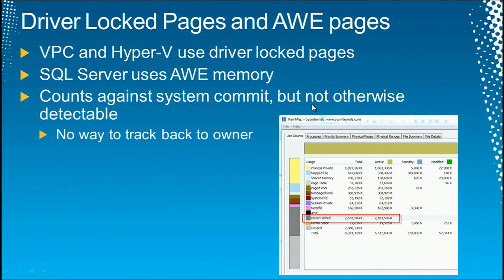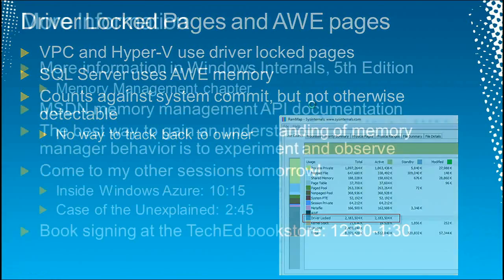And so it uses AWE memory to carve out chunks for itself and keeps the memory manager away from it. So you will also see that in RAMMap. And it has the same characteristics from looking at the system's memory behavior as we saw for driver locked. Impact system commit, can't pin it down on any process. There's no connection between that kind of memory and the process that allocated it.